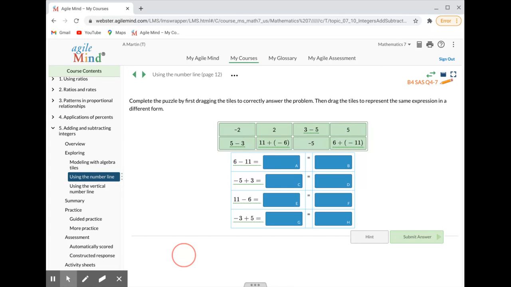If you need some help, you're more than welcome to raise your hand or use the chat box, or you can ask Mr. Williams or Miss Dooley. So go ahead and knock that out. I only want you to work on number 7 right now. And so it will take you probably about 2.5 minutes, okay?